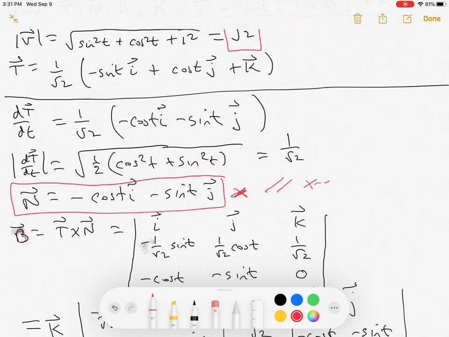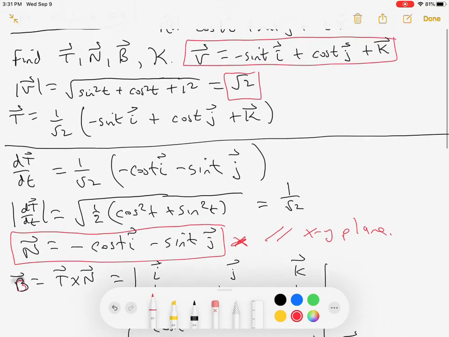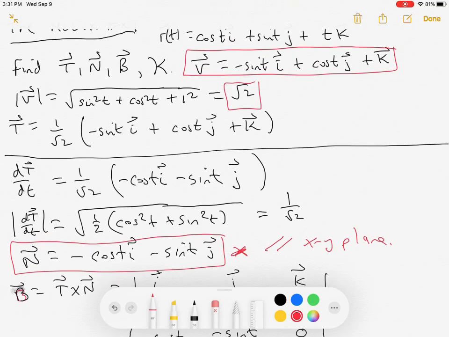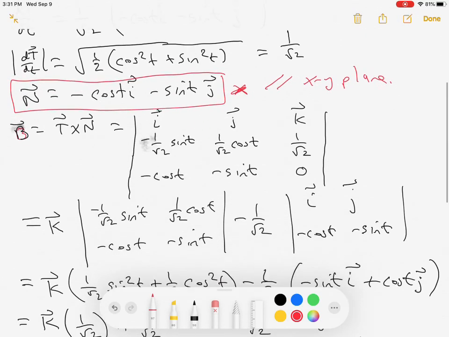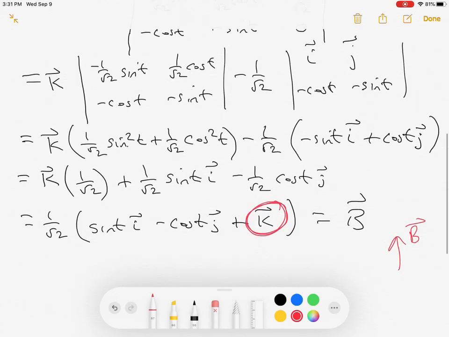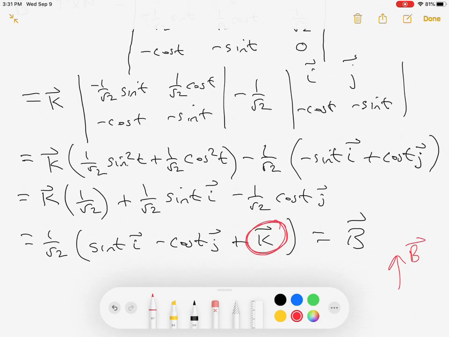So it's parallel to the xy plane, and you'll see that in the little animation. And then T has a k component, so it's always going to have a little bit of lift. All right, so let's look at this video and see if we can link all this stuff.